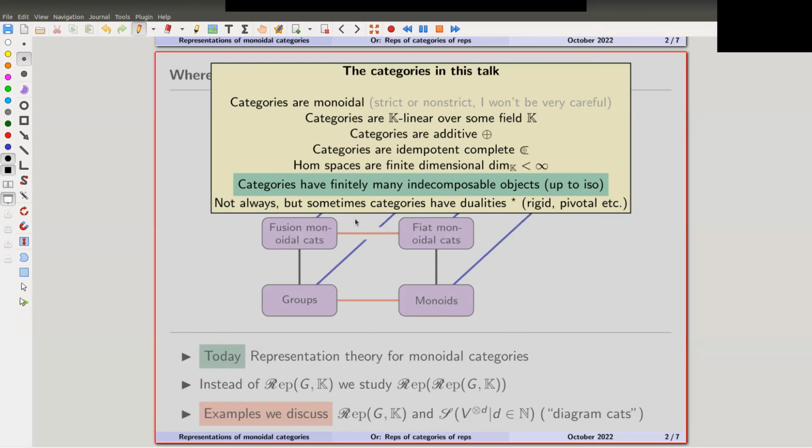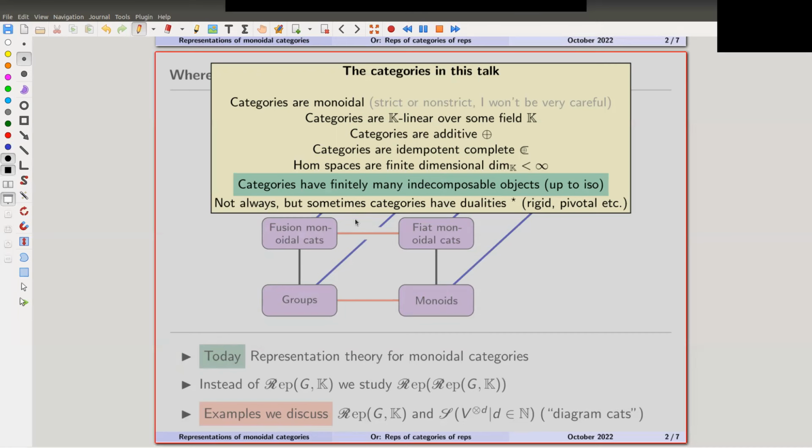I already have them on the slide here, but the main important one is in green. So the categories I study should be roughly like finite groups, finite monoids, finite dimensional algebras. There's something finite involved. And in my setup, this corresponds to having finitely many indecomposable objects in my category, so finitely many indecomposable modules.